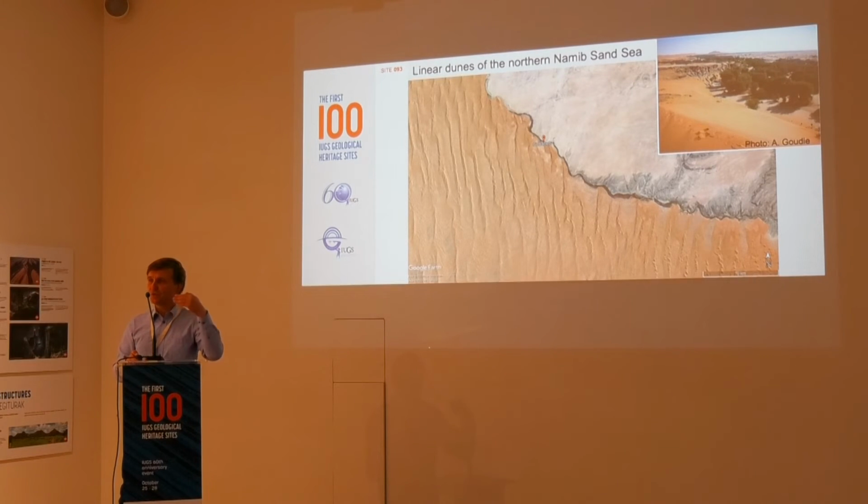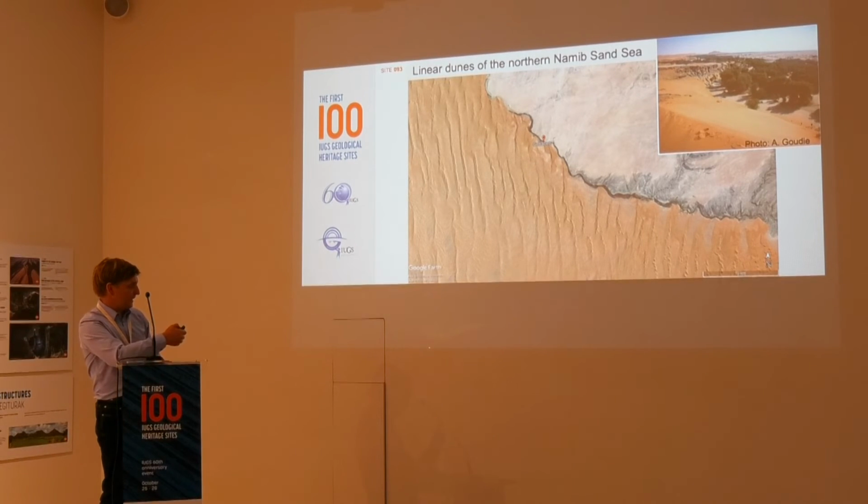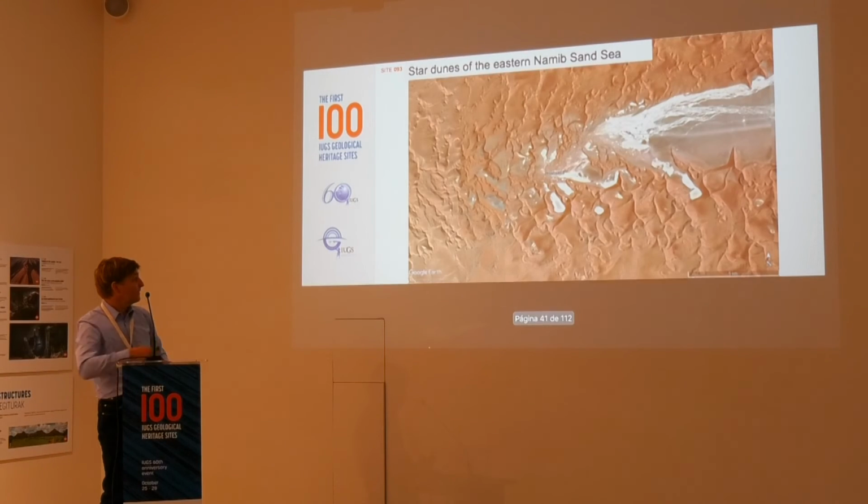So the dunes do not cross the channel or the valley of the Kuiseb River, and what is to the north of the river are the gravel plains. So this is the boundary between the linear dune fields and the gravel plains over there.